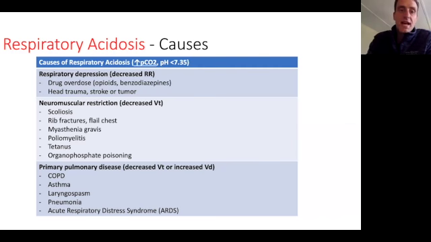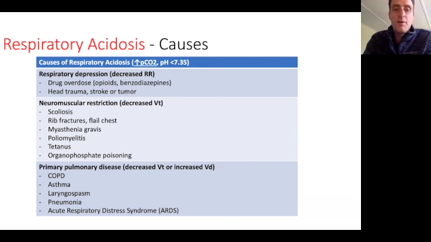And then another category would be primary pulmonary disease. So not something that affects the rate of breathing or the amount of tidal volume, but a problem with the lungs itself. And this could cause decreased tidal volume or increased volume distribution.